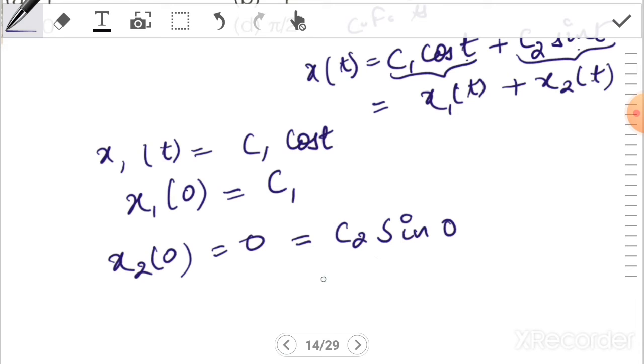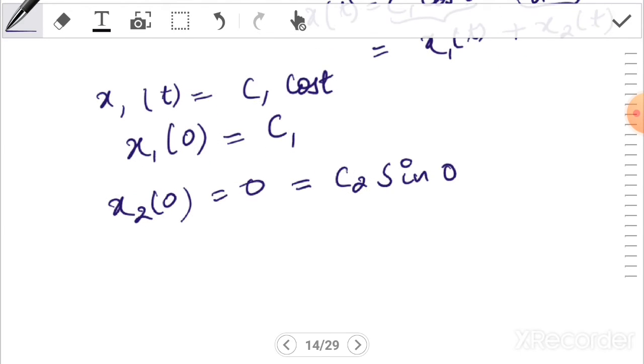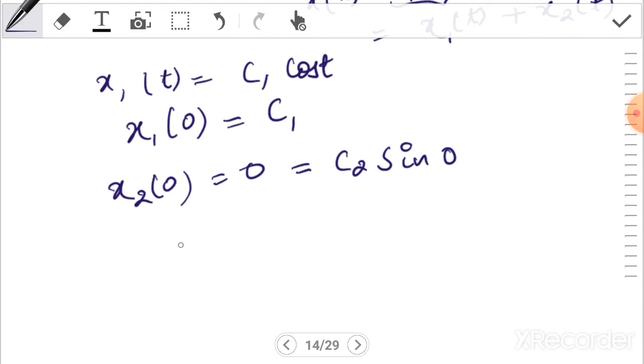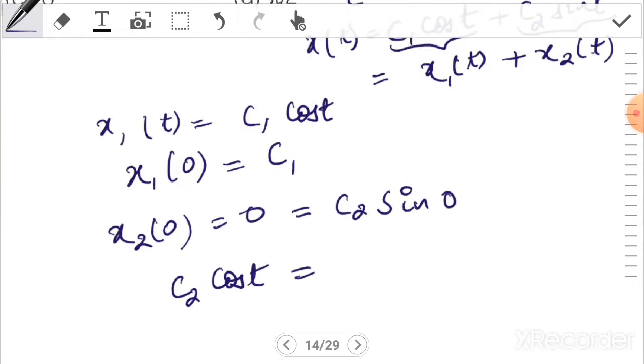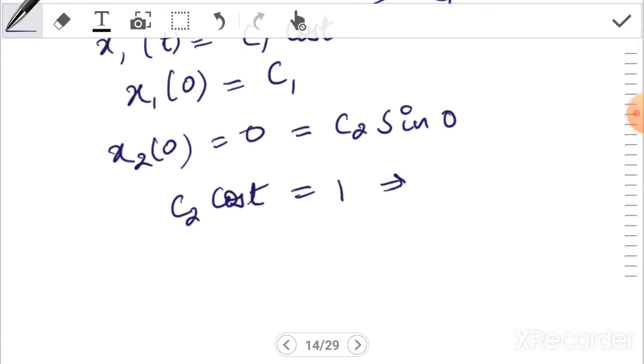Because sin 0 is 0. And the derivative of x2 is c2 cos t, which is equal to 1. That means at t is equal to 0, c2 is equal to 1, right? That means x2(t) is equal to sin t.